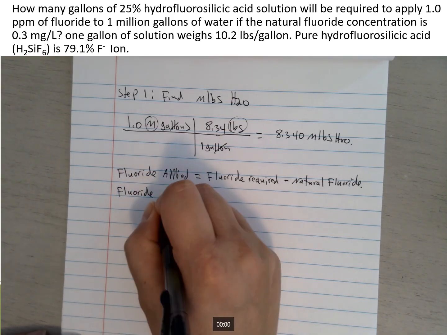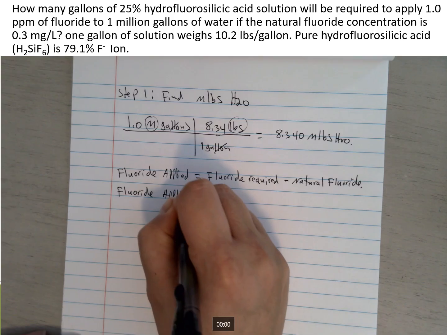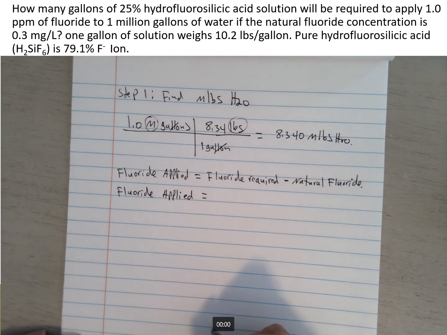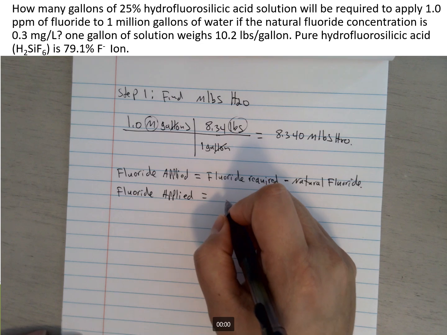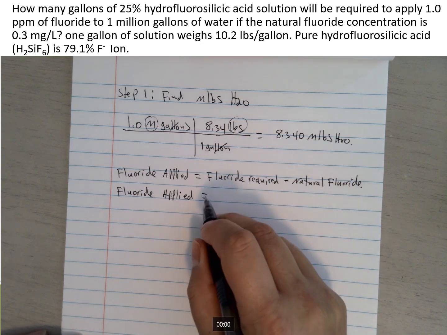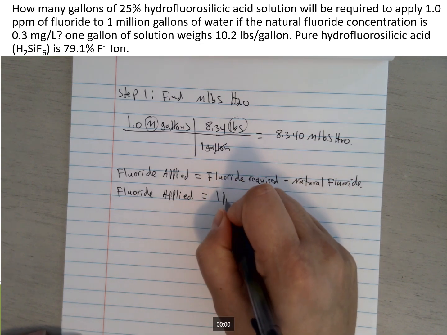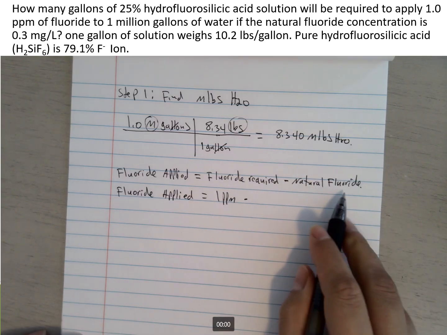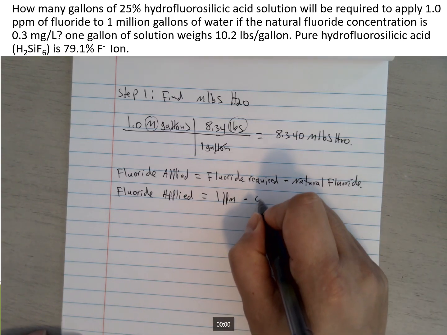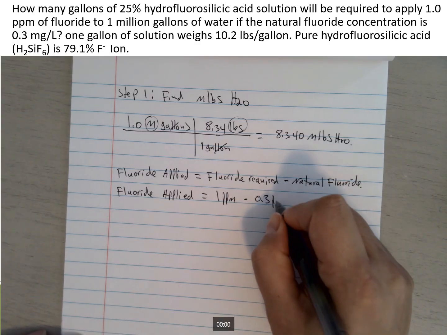So your fluoride applied will be equal to your fluoride required, or what we want to apply, 1 part per million, minus the natural fluoride concentration in the water, 0.3 ppm.